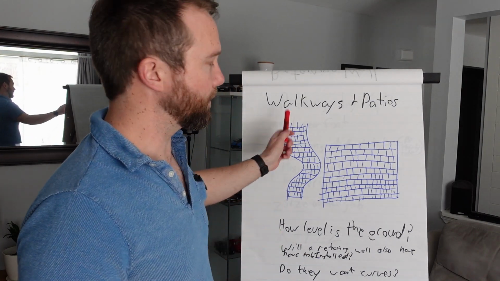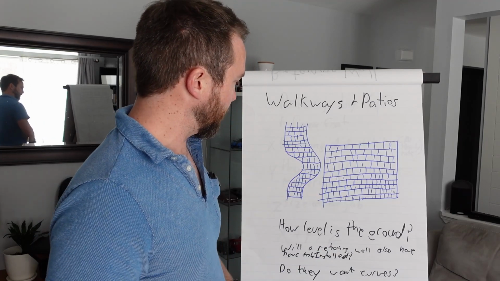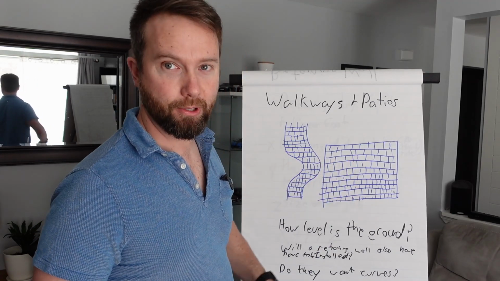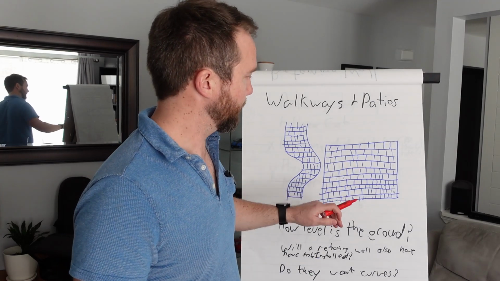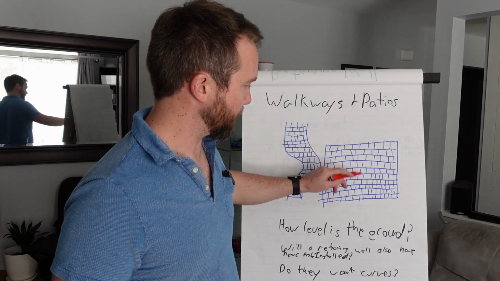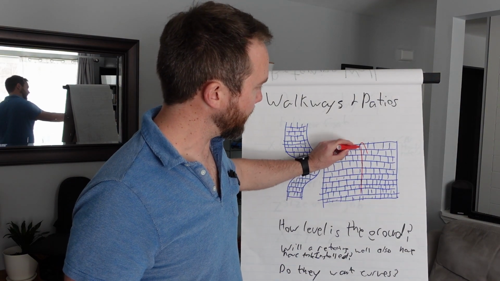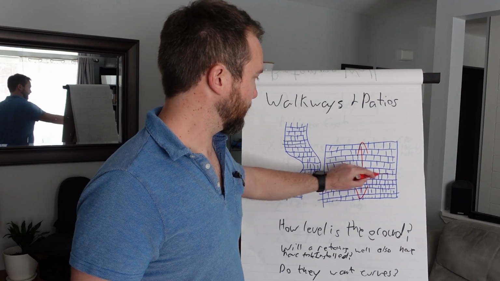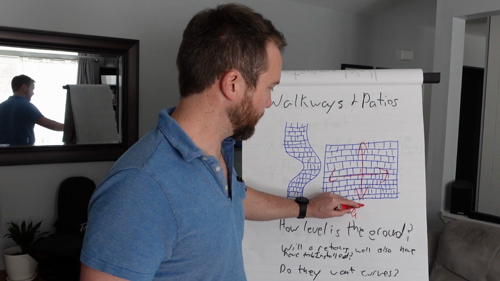Now we're going to talk about walkways and patios. Again, these are all measured in shapes. Let's say this customer wants this patio here. Basically, we just measure the area. Just pretend that this is ground. We would just measure the area where they want the patio. Length, width, pretty easy. That'll give you the square footage.